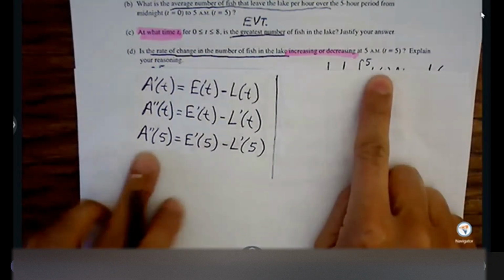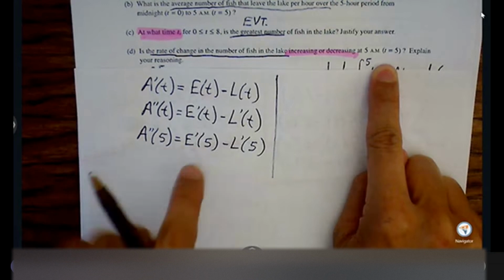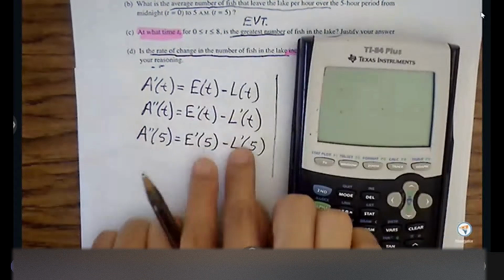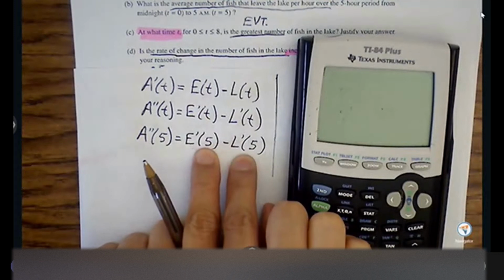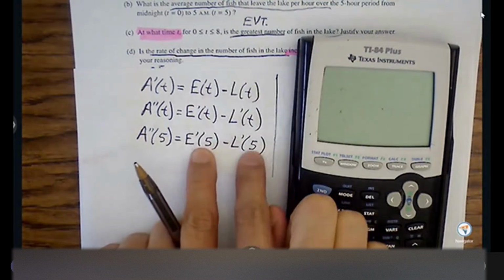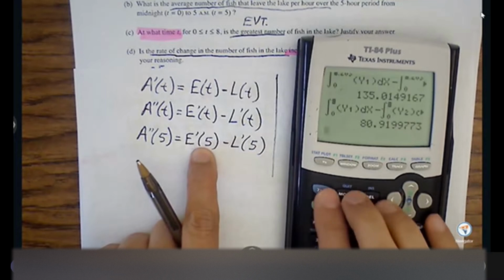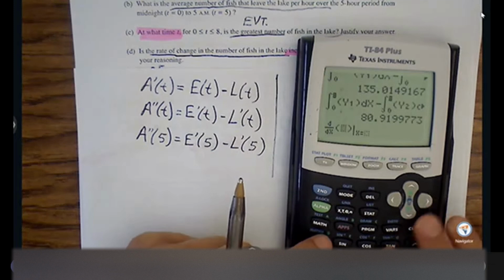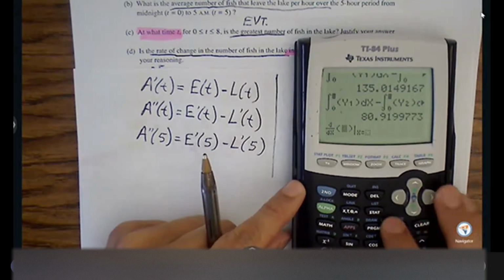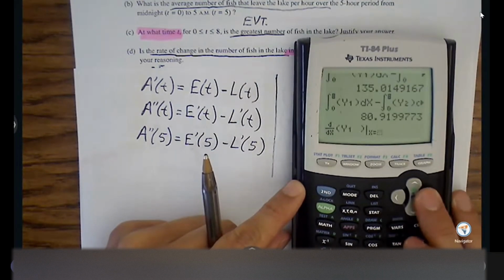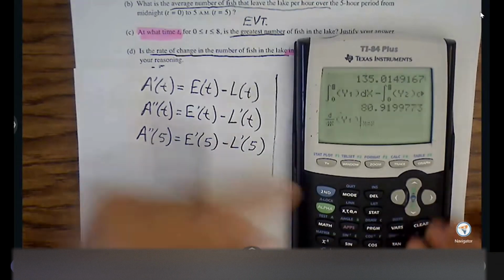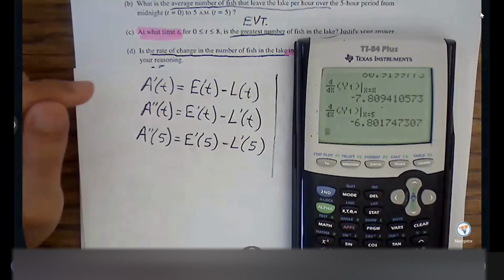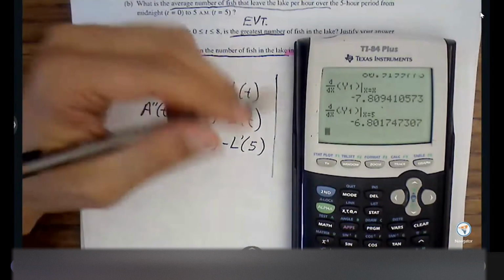Okay, so we want to know what the value of A double prime of 5 is. We can go to our calculator. I have E of t and L of t stored under y1 and y2. I can just go to nderiv, math 8, to make it evaluate the derivative at 5. Oops, 5. Negative 6.801.